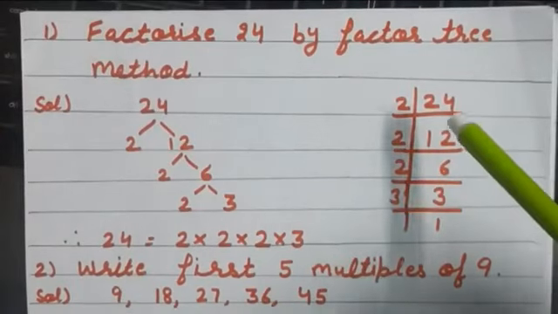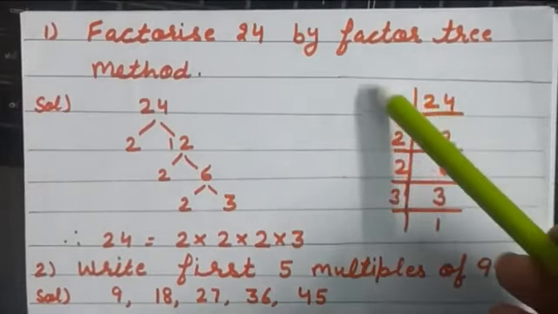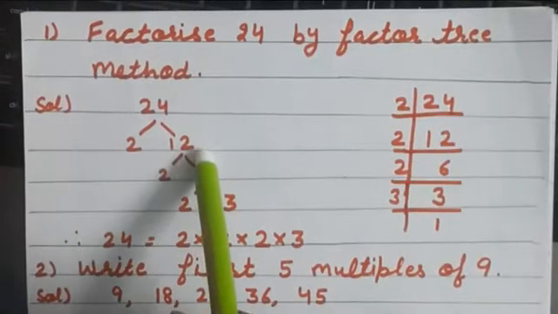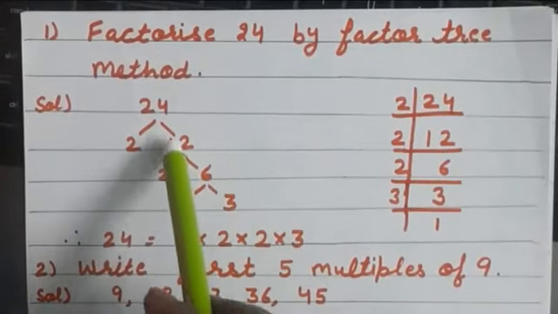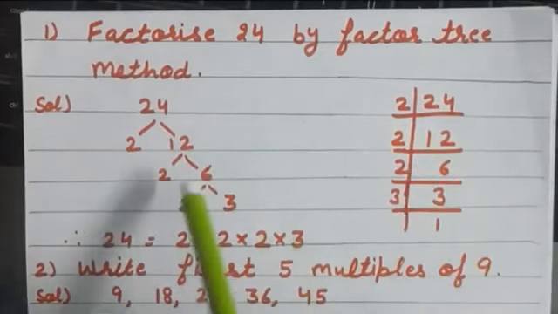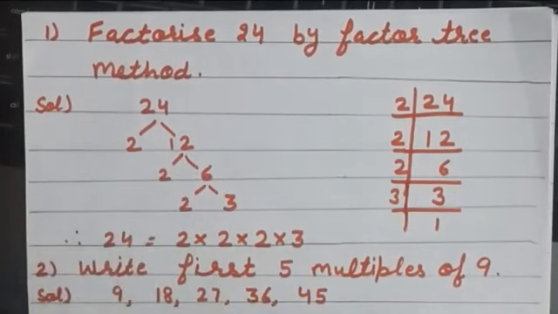So first pair of the factor is 2 into 12. Then 12 will be again broken into two factors, 2 into 6.